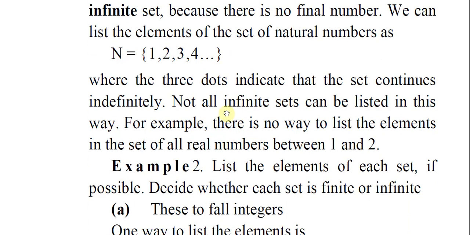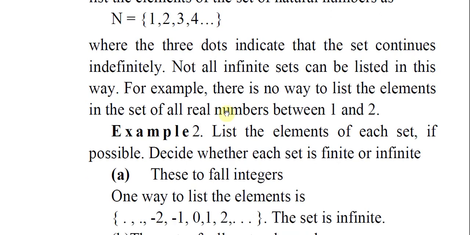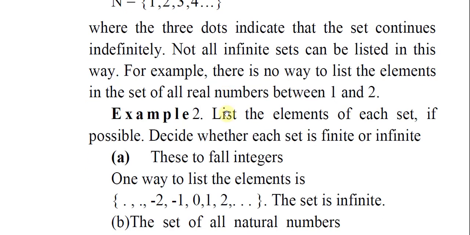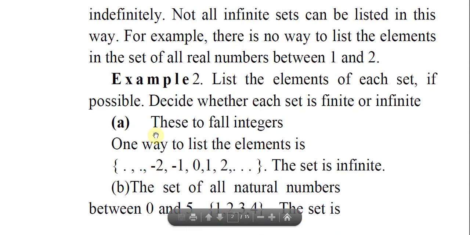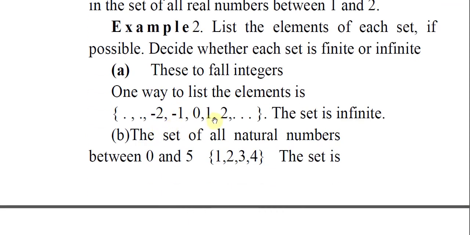Okay, for example, this set: -2, -1, 0, 1, 2. The set is infinite because we have elements on the left side and on the right side, infinitely many elements.